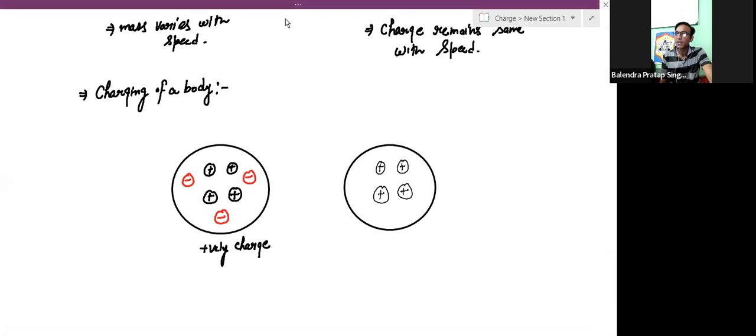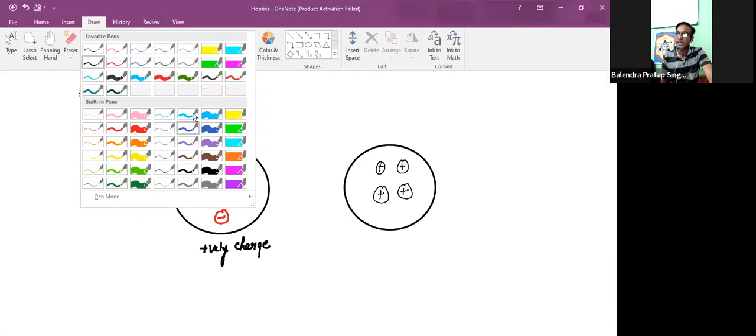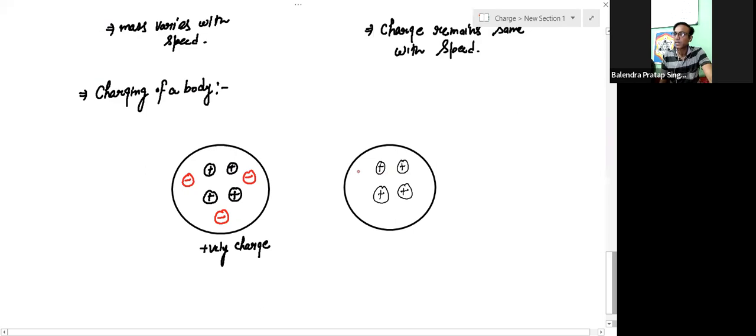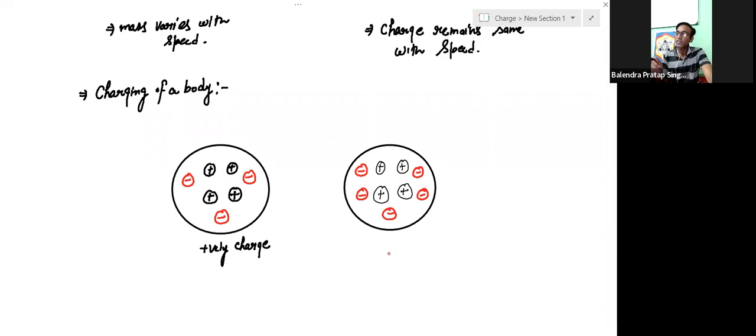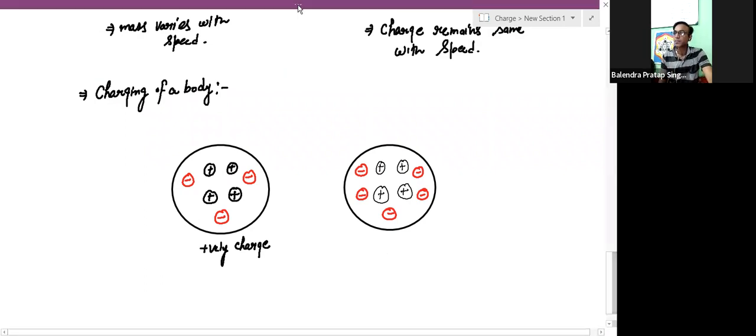Now this time I am taking a few negative charges, 1, 2, 3, 4 and 5, maybe 6 or 7, whatever I can. I'm just increasing charge. So in this case, negative charges are more than positive charges.